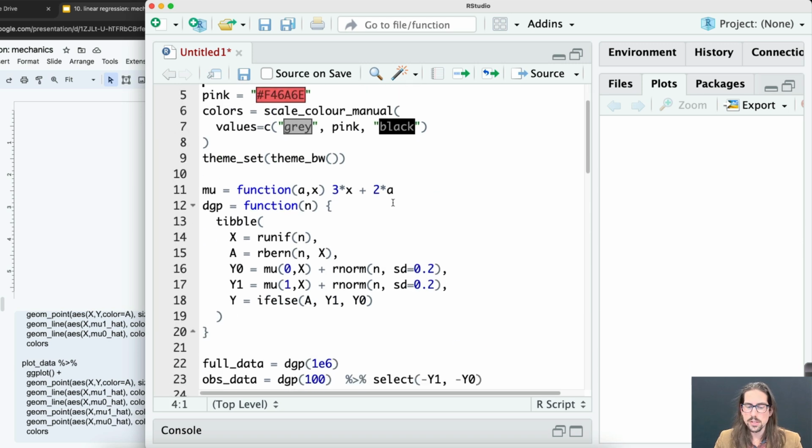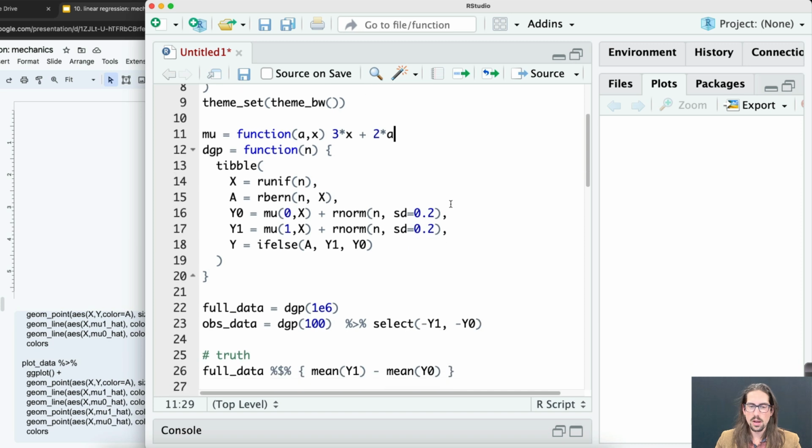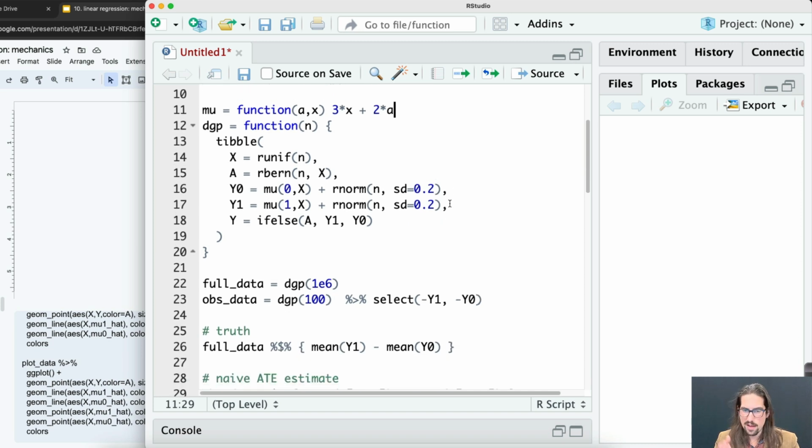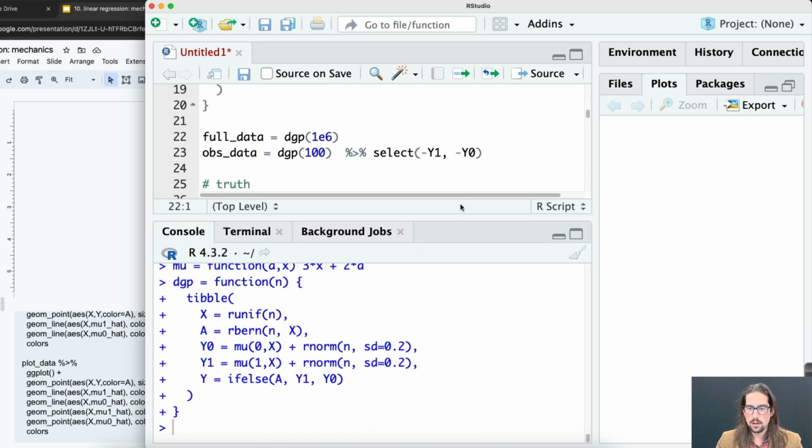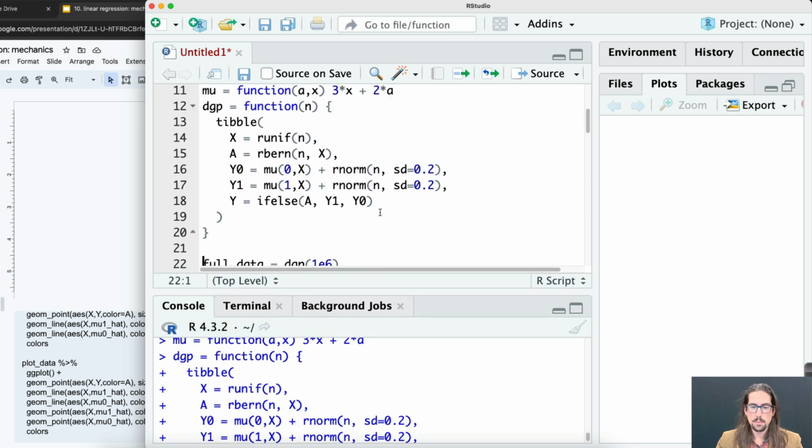Okay, so first off, let's just set up a data generating process. Again, in reality, you don't have this, but I'm just showing you here so that we have something to compare to in terms of truth, so that you can see that the regression is actually doing better than we could if we didn't do it. So here, let's say this is our data generating process.